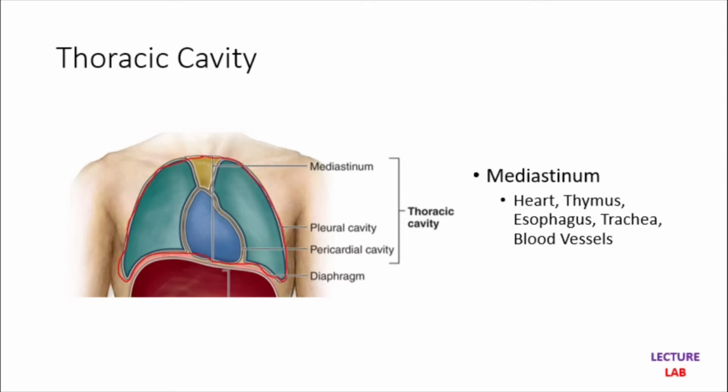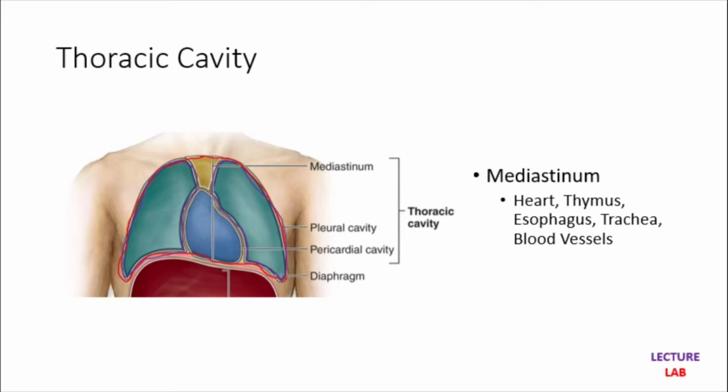This bilateral cavity here contains the lungs, in purple. Mediastinum. The mediastinum contains the heart, thymus, esophagus, trachea, and blood vessels, especially the aorta coming off the heart.